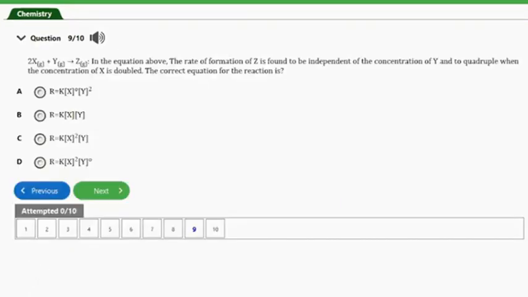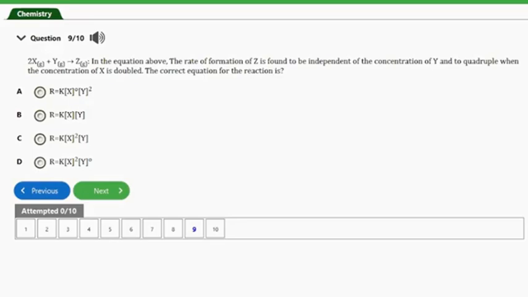So guys, the next question here, question number 9, says, in the equation above, the rate of formation of Z is found to be independent of the concentration of Y and to quadruple when the concentration of X is doubled. The correct equation for the reaction is A, R is equal to K times concentration of X to the power of 0 times concentration of Y to the power of 2.